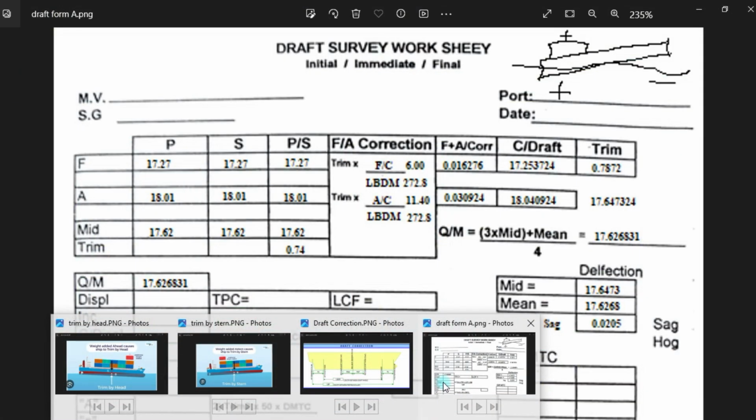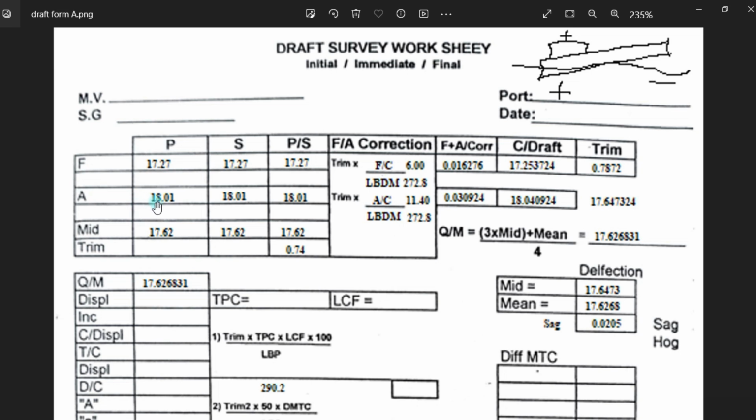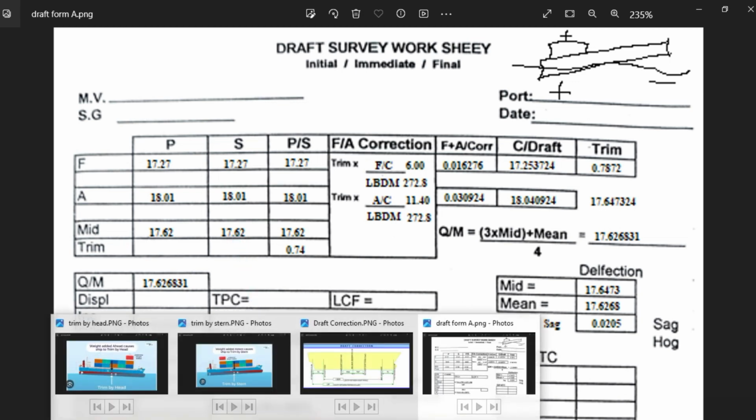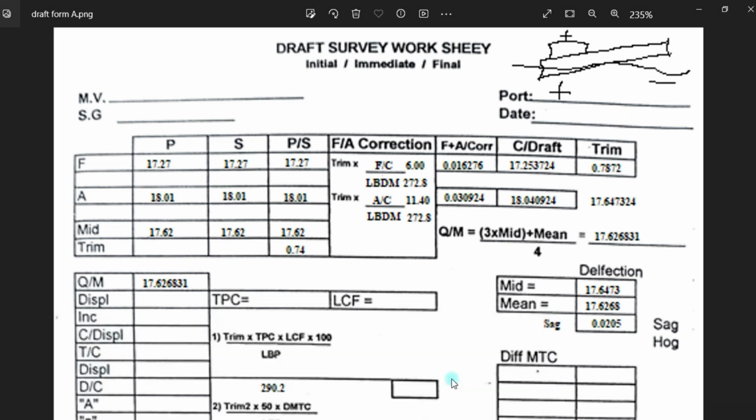Aft draft is 18.01 port and starboard, and your mid draft will be 17.62 port and starboard, which is this one.